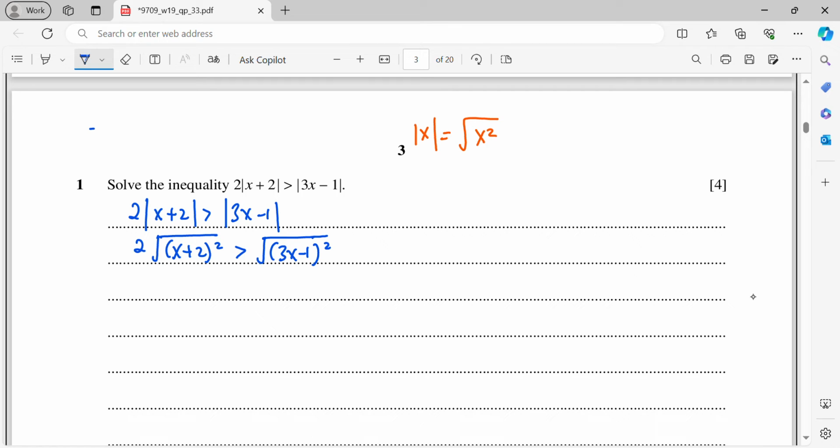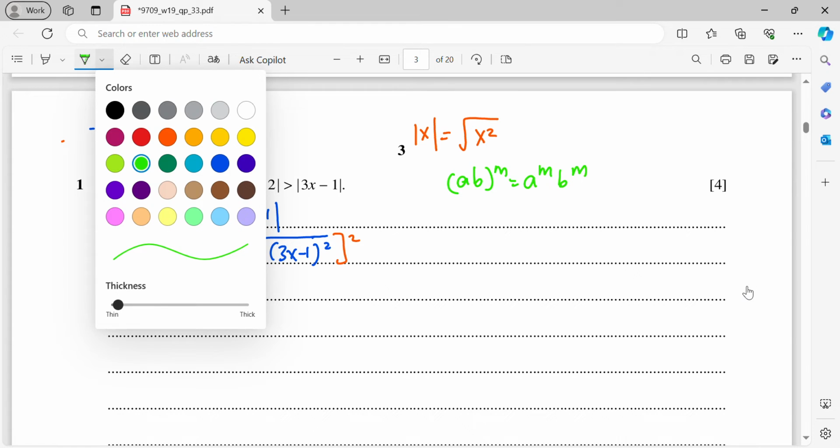To solve this question, we need to square both sides. When I square both sides, the 2 is brought into the whole bracket because of this formula: ab to the power of m equals a to the power of m, b to the power of m.